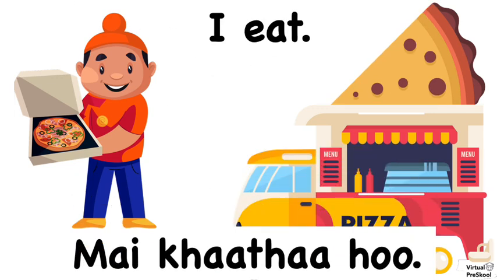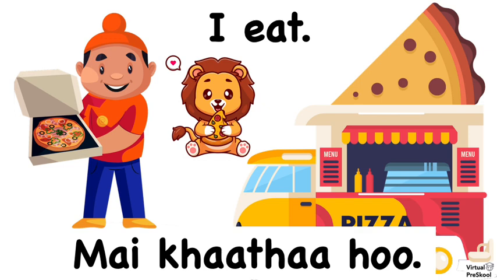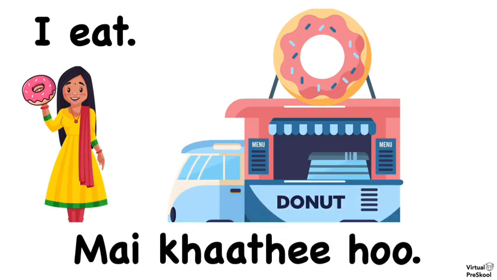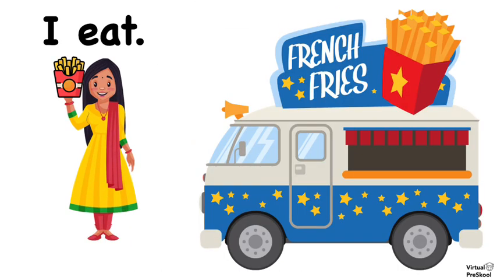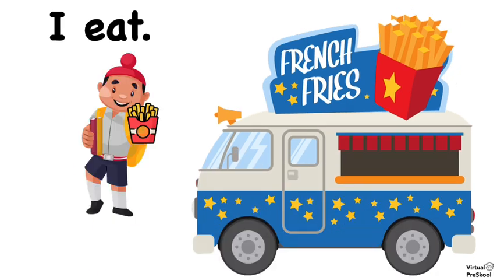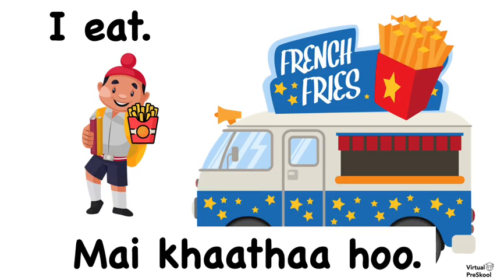मैं खाता हूँ. And Shabash Sher wants pizza too. This girl says, I eat. So what would the sentence be? मैं खाती हूँ. She says, I eat. So what would the sentence be? मैं खाती हूँ. He says, I eat. So what would the sentence be? मैं खाता हूँ.